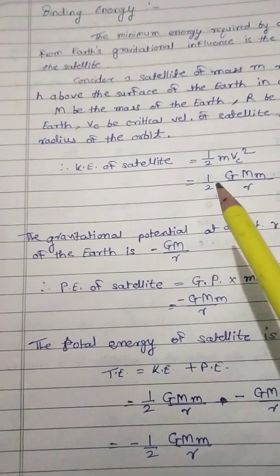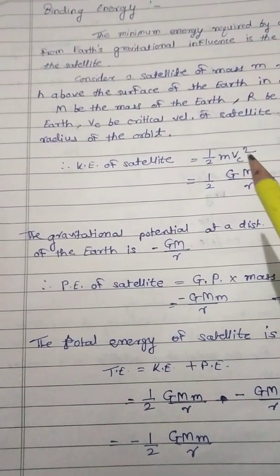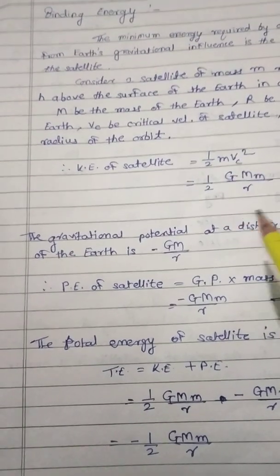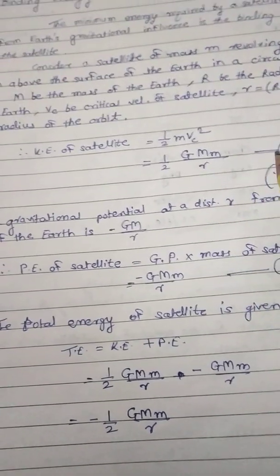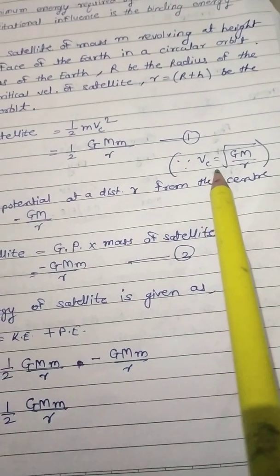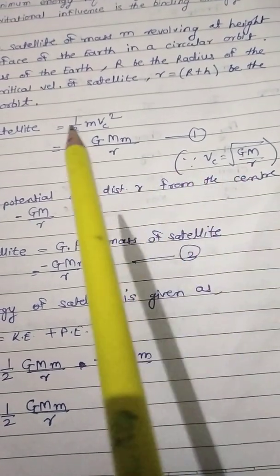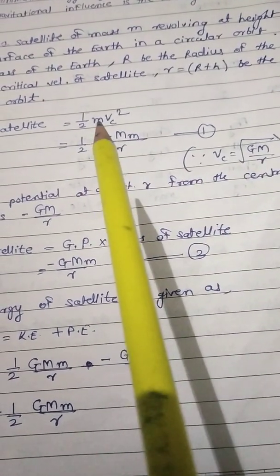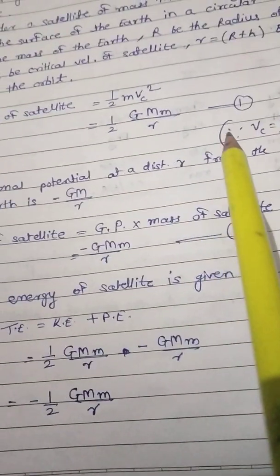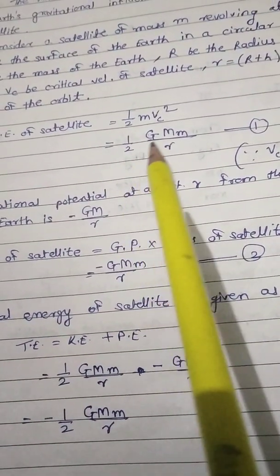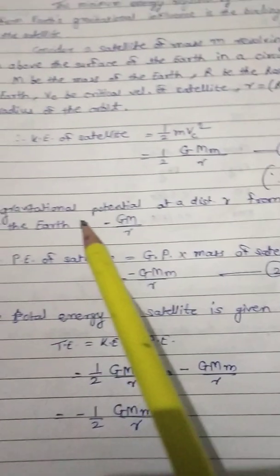Putting the value of critical velocity, because the critical velocity is equal to root of GM upon r, so vc squared is GM upon r, and we get half GMm upon r.